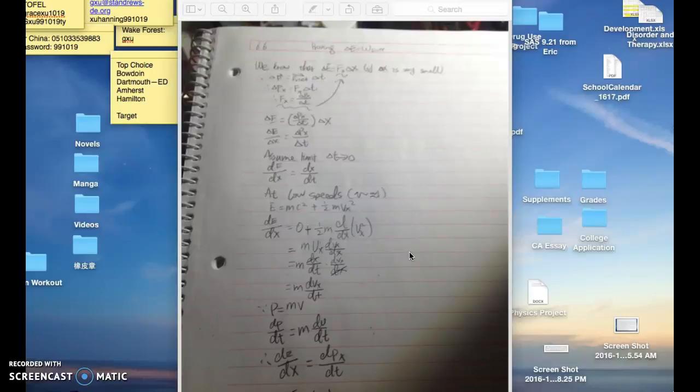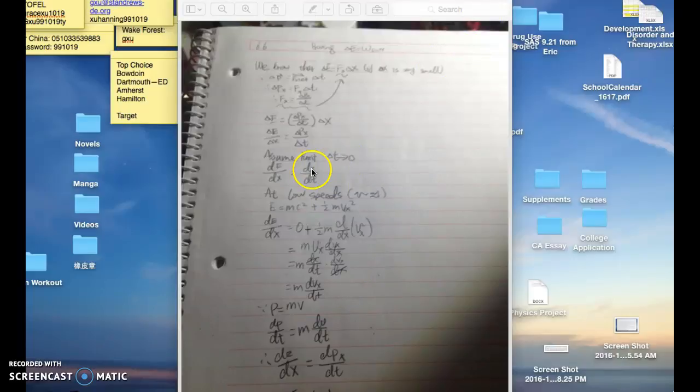Then I kind of broke it up a little bit by taking this derivative, and I got m, because the 2 divided by 1/2 becomes 1, mass times v times dv over dx, and since v is actually just dx over dt, I just sub that in, and the dx cancels, so we eventually got dE over dx is equal to m times dv over dt.